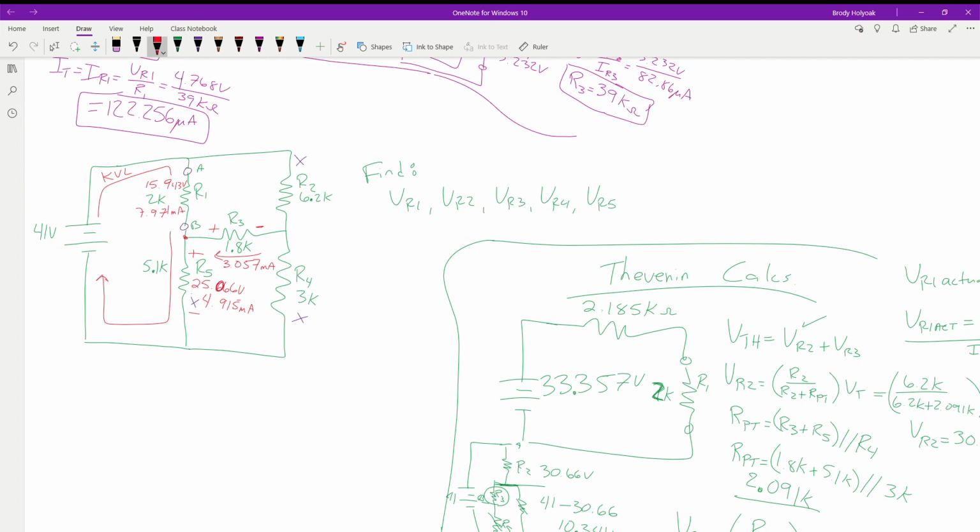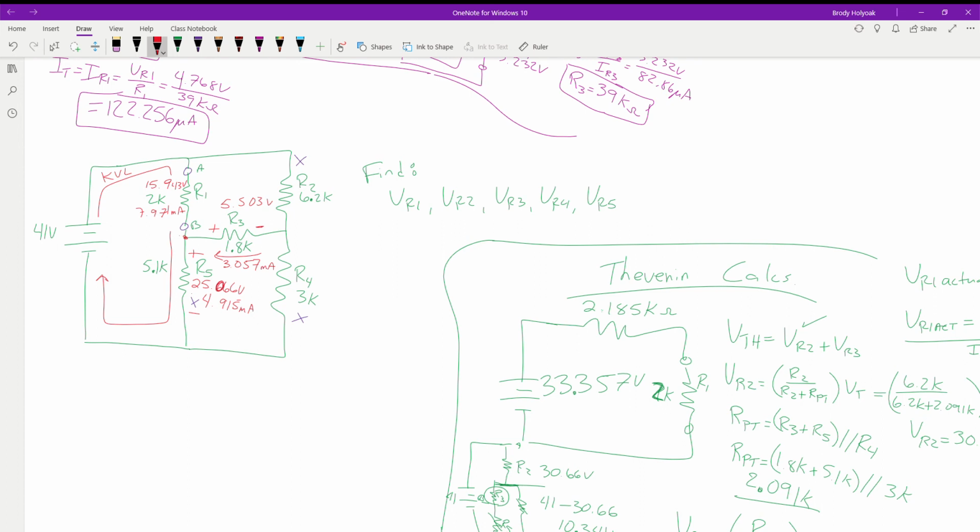So now we have our 7.97 milliamps here. We've got 3 here. What's the voltage across R3? We get 5.503 volts.